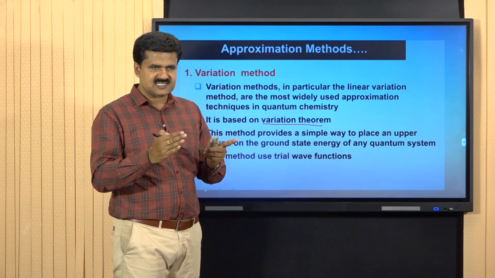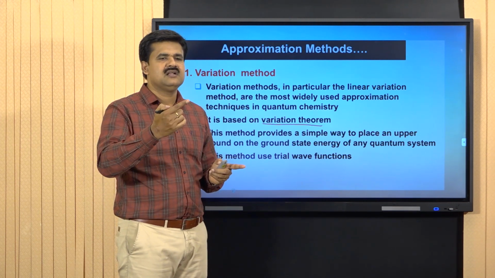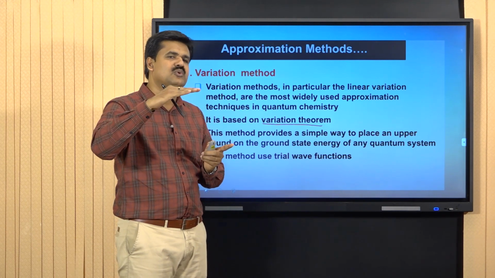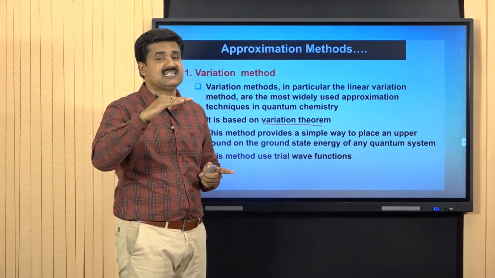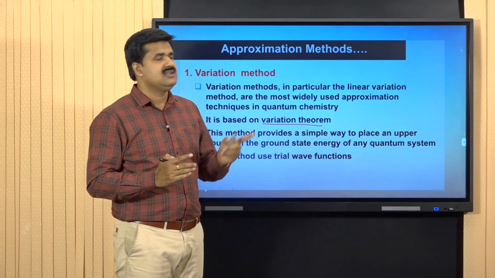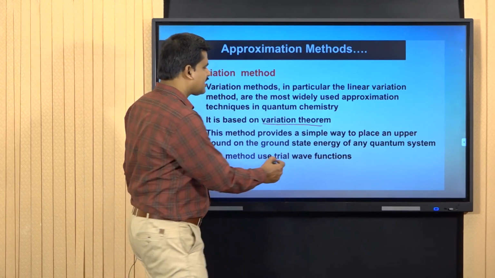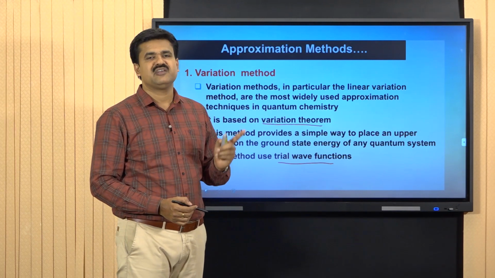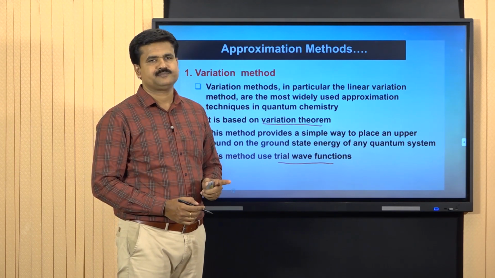Suppose there is a quantum system with a ground state energy; by using this method, we can place an upper bound of energy above the ground state level. The variation method uses trial wave functions in order to get a suitable wave function and a solution of the Schrodinger wave equation.